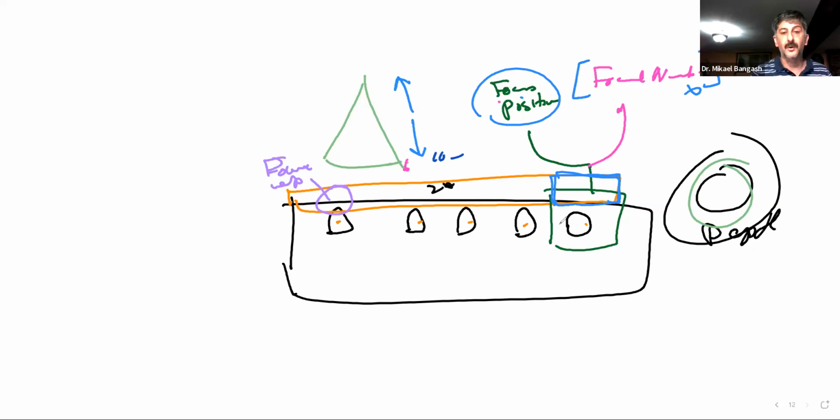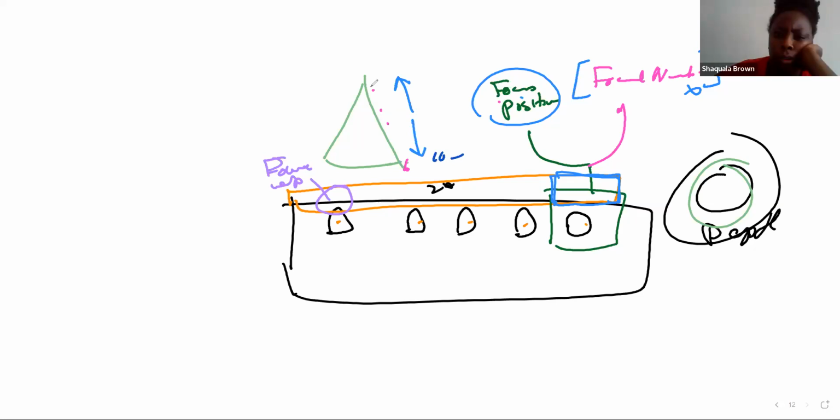Clockwise is increasing, so increasing focal position or focal depth, you go from a shallower depth to a deeper depth. Decreasing is turning it counterclockwise, which means you will bring your focal position to a shallower depth. Did that make sense?